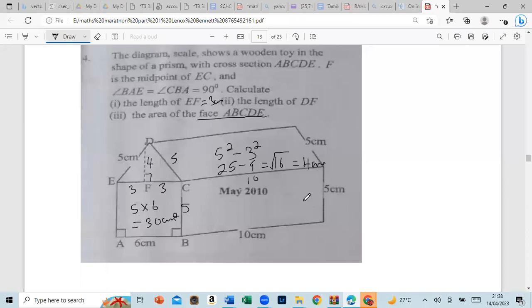That's a right angle triangle, right? This is the easier way to me. Since all of this is 6, the base is 6, it's a right angle triangle, so you know the rule applies. So 6 times 4 is 24, divided by 2. All of it is 12. So we just add the 12 to the 30, which gives us 42 centimeters squared for the entire face.